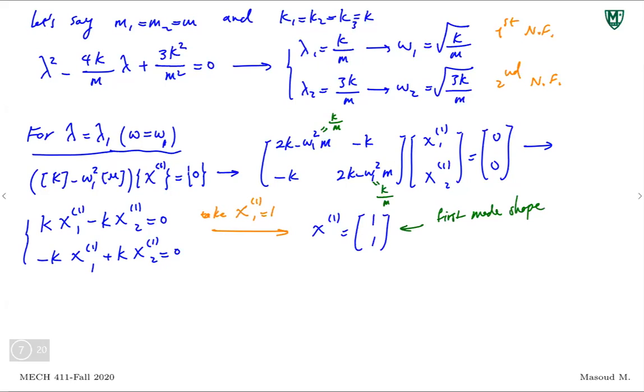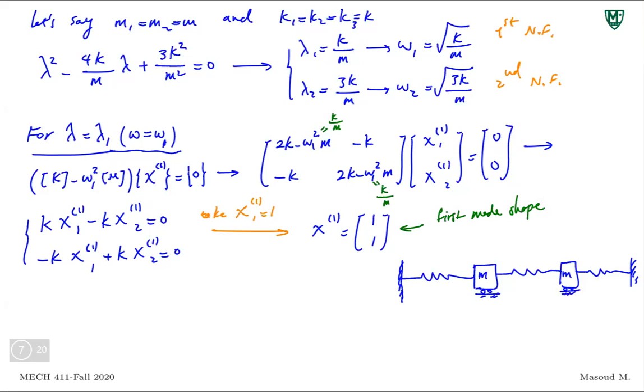Let's see, what does this mean? Here is our system with no spring and damper, no damper, sorry. So let's say this is our system and no external force, and m1 and m2 are equal. This is where the equilibrium point is at the beginning.